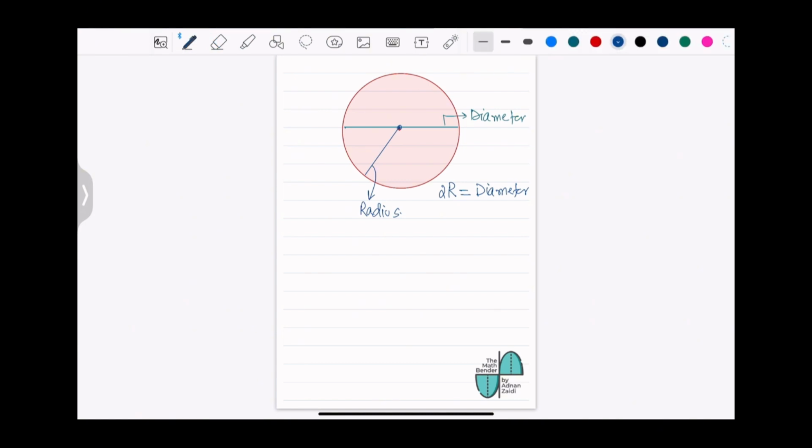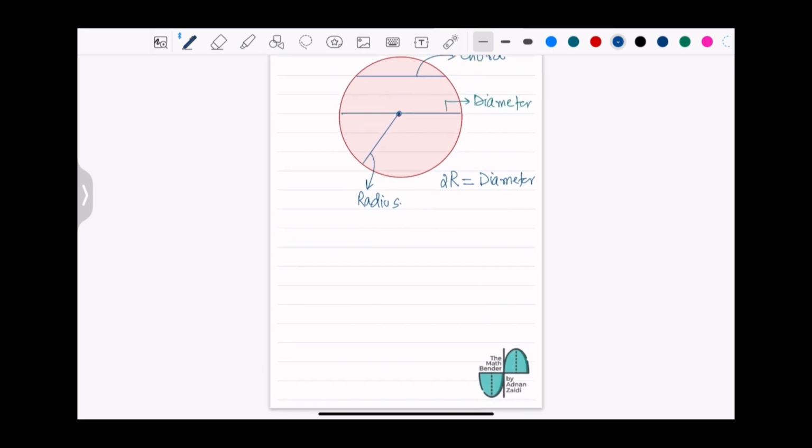Now, any line that starts from one point and ends at the other, but does not pass through the center, is called a chord. Now, let's see more of it.